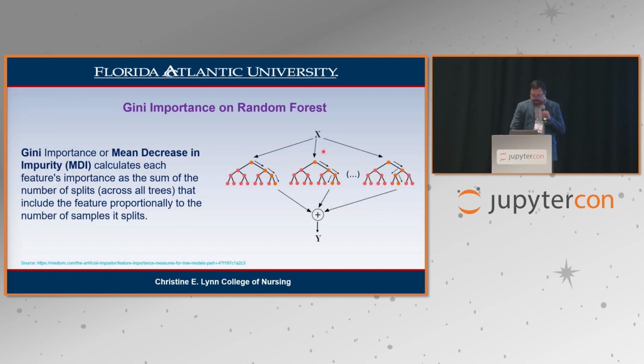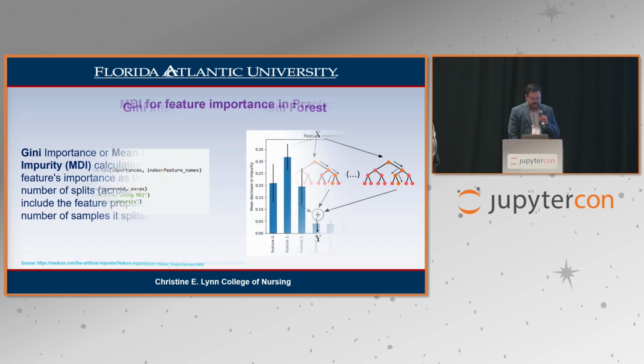That's just one decision tree. Random forest is a collection of different decision trees. You take an average of the feature importance across all the trees, and then you get the feature importance for a random forest. That's pretty much the idea behind it.